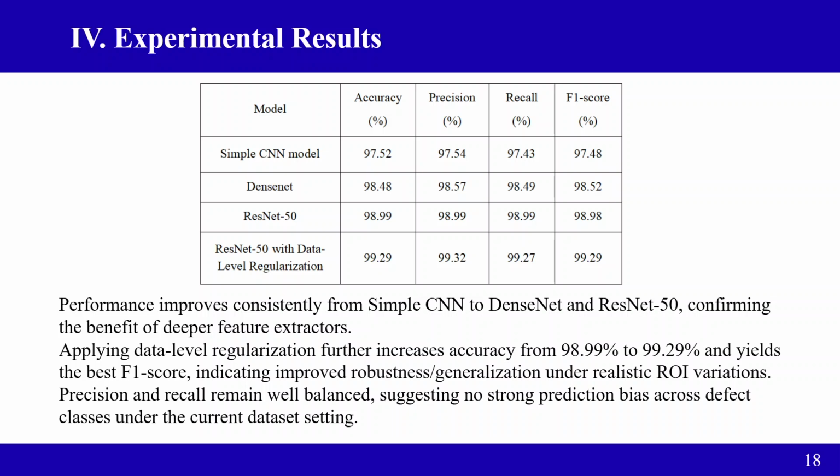The accuracy increases from 98.99 to 99.29%. And we get the best F1 score, which indicates better robustness and generalization. Precision and recall stay balanced, so there's no strong prediction bias across the defect classes in our dataset setting.